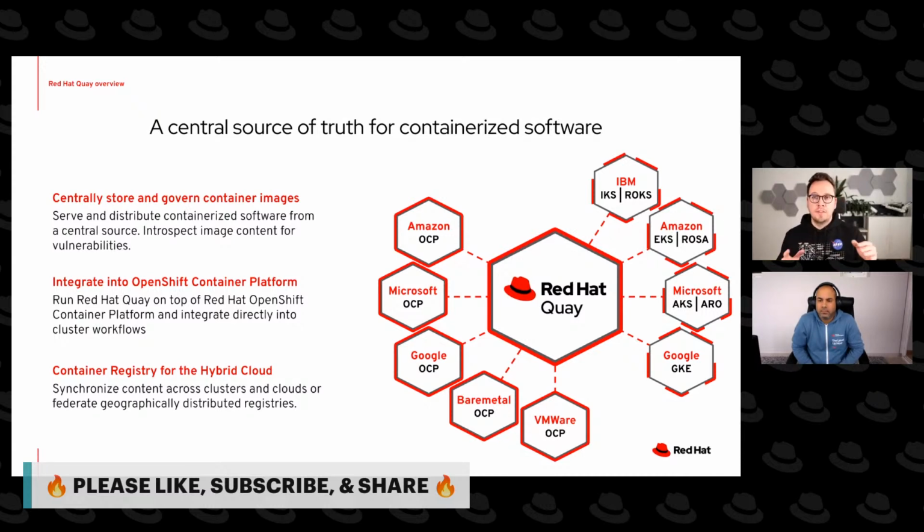But fundamentally, it's the same scale-out architecture, the same HA architecture that can scale from a couple of handfuls of clusters to hundreds of clusters from a performance perspective, right? That is something you really need if you are going to have a central registry. So when you have that, you also start to have questions about, well, what happens if, let's say, one of these clusters here is very far away?